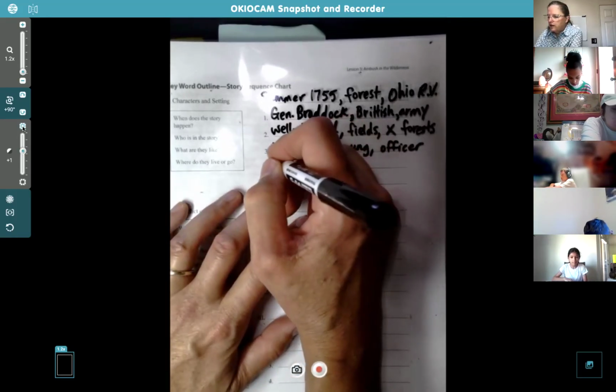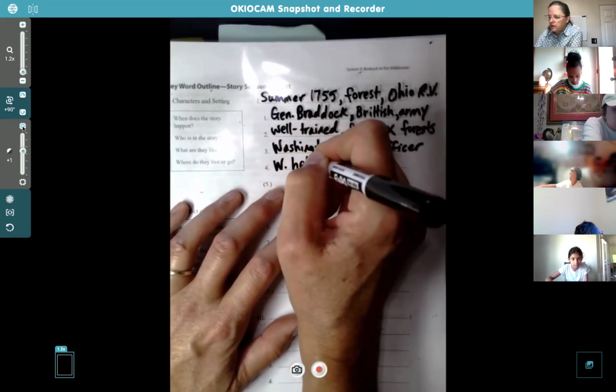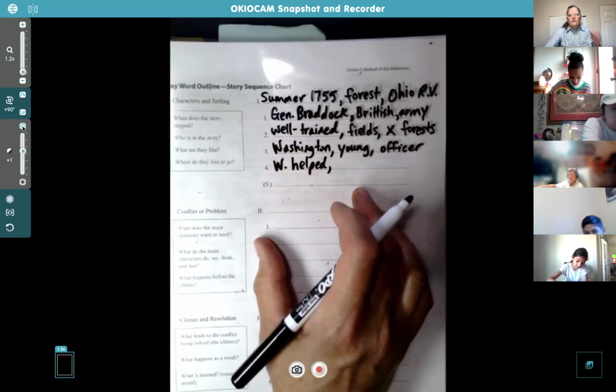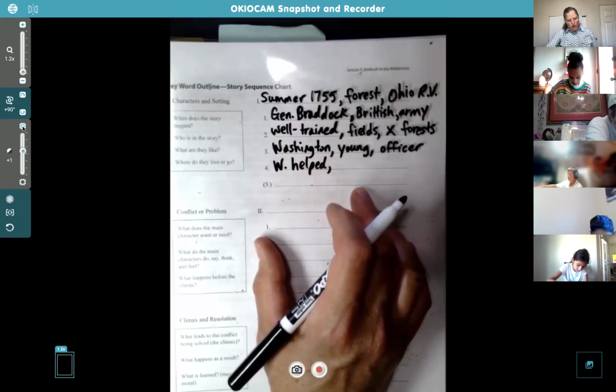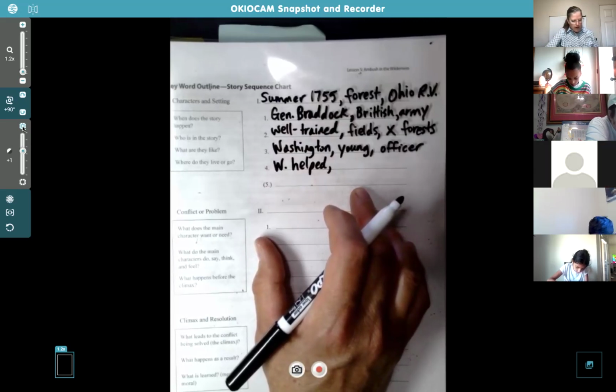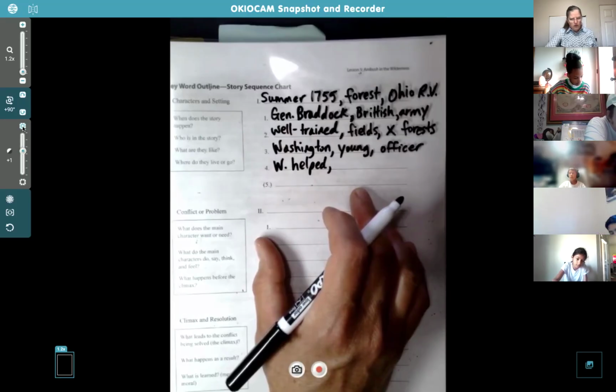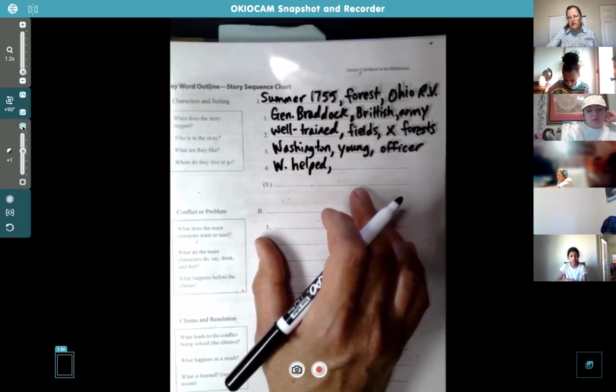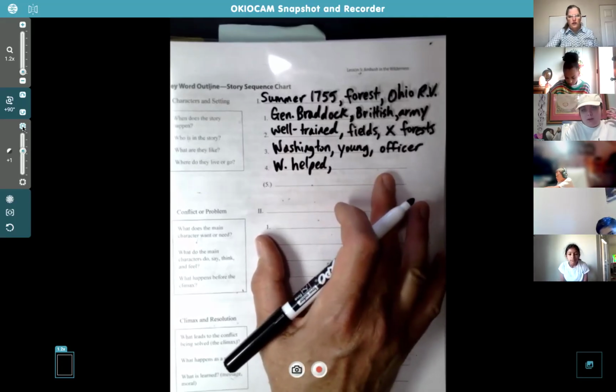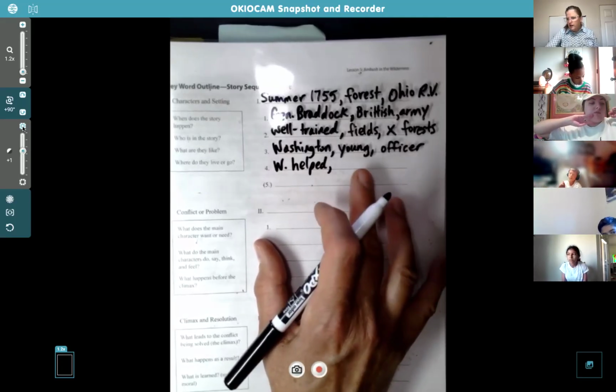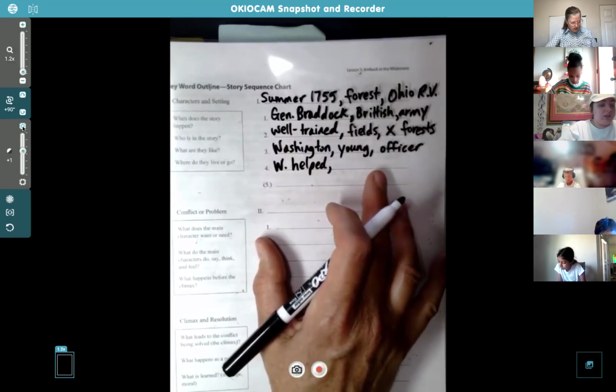Can we put that he helped, like maybe W helped? And then how did he help, Camila? How did he help General Braddock? Look at that second paragraph. He knew the terrain of the land well. Yes, exactly. That's exactly how he helped Braddock because Braddock didn't know, right? He only knew how to fight in open fields. So how can we put that in 2 words here or symbols or something?